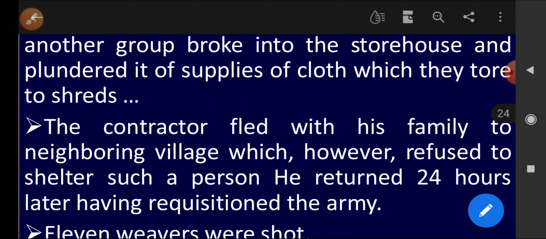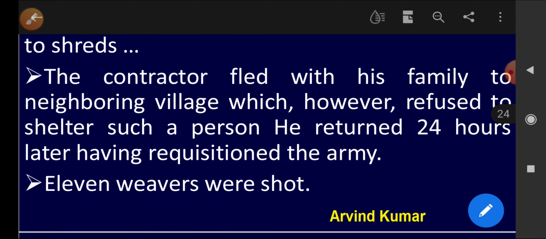Ultimately, the contractor fled with his family to a neighboring village, which however refused to shelter such a person. So he returned in 24 hours, and later approximately 11 weavers were shot dead. Meanwhile, the contractor used his power.